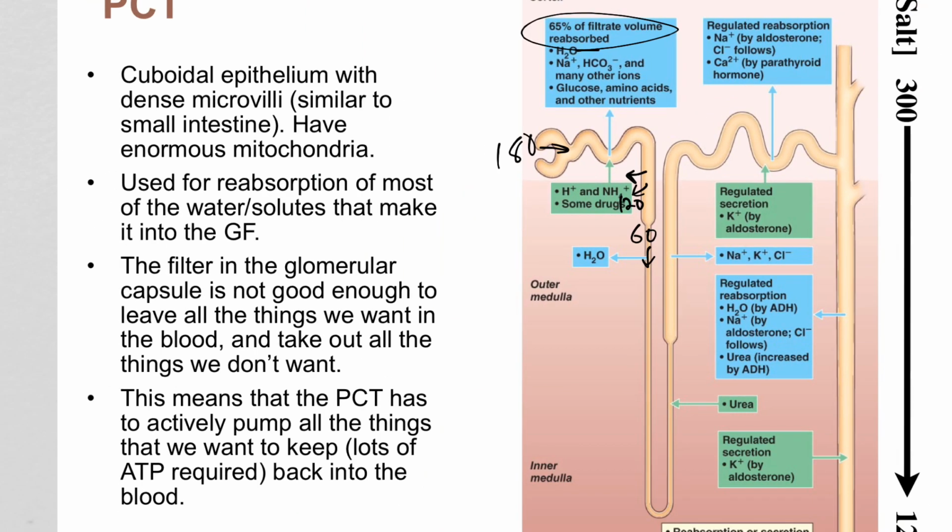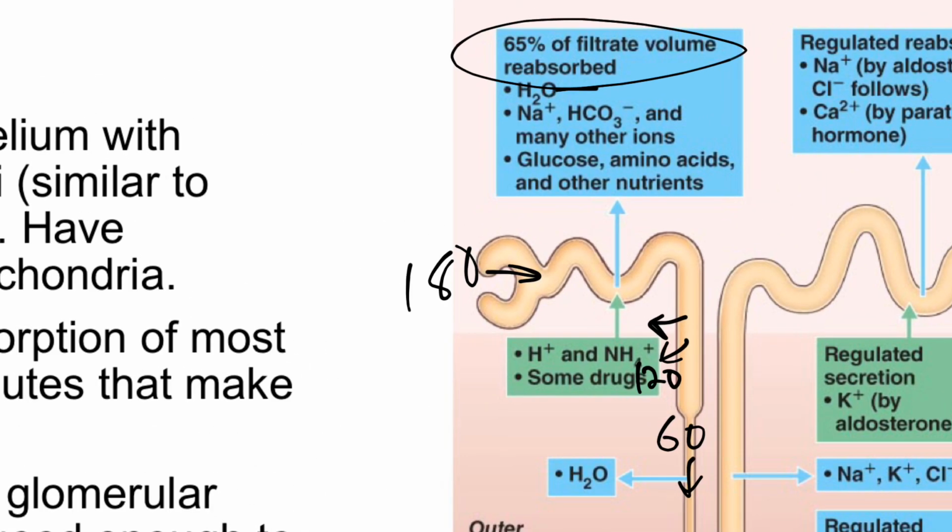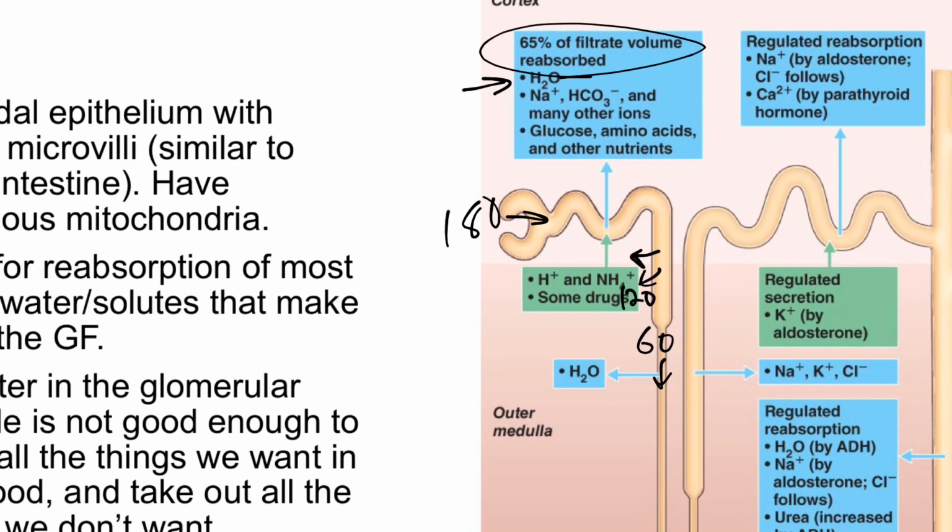There are a few things going on here. One is, obviously, that's a lot of water. The primary purpose is if you are taking all of your waste products and toxins and things like that and letting them into the filtrate, if water gets reabsorbed, those toxins and metabolic wastes are being trapped inside what's left.